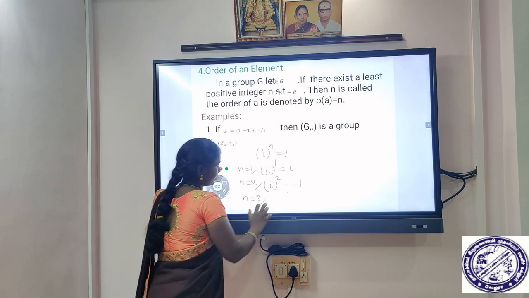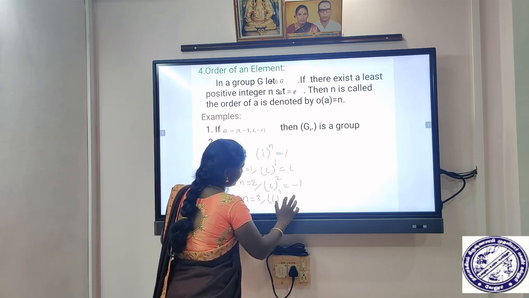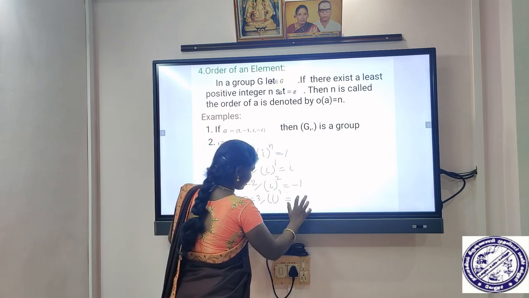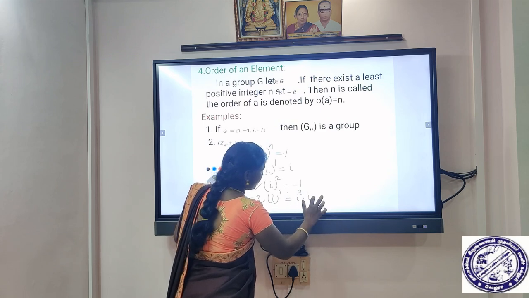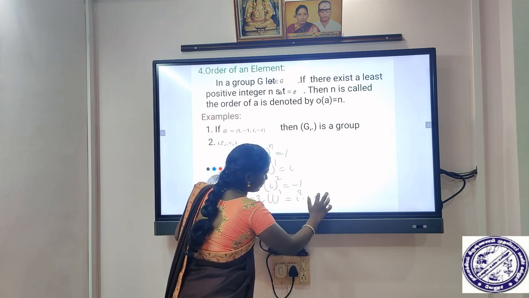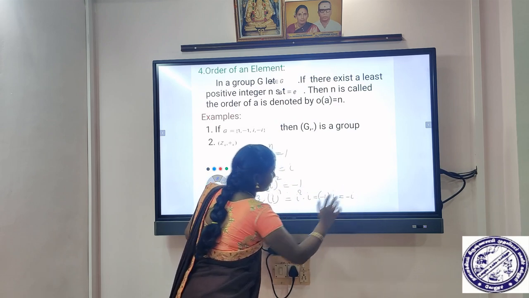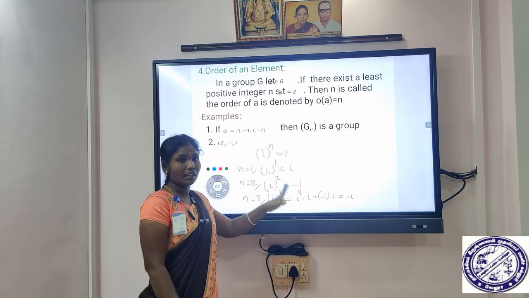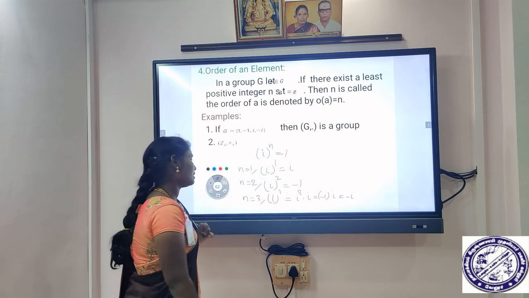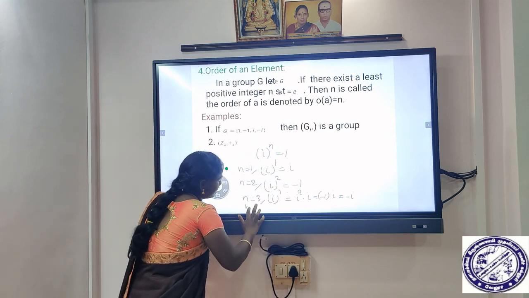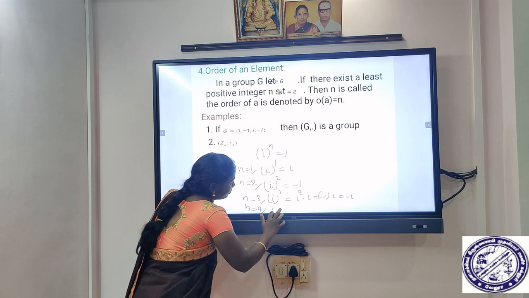Next I will choose n equal to 3. So i power 3 equal to i square into i. The i square value is equal to minus 1, so it is minus i. Minus i is not the identity element of the given set. So next I will choose n equal to 4.